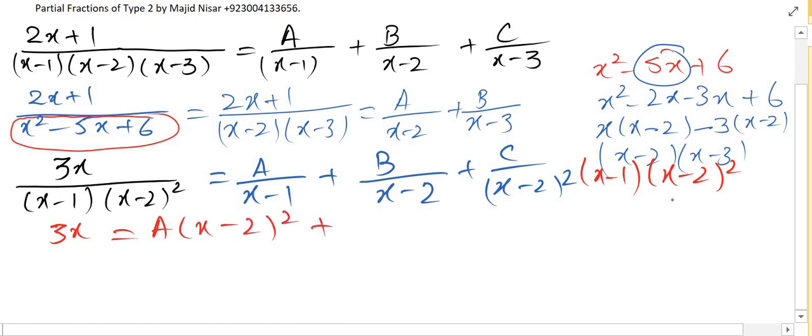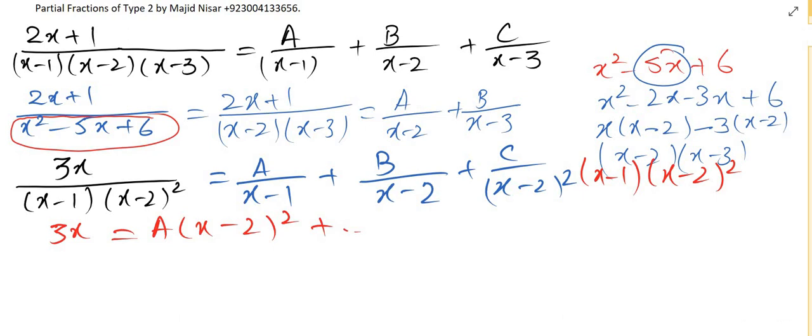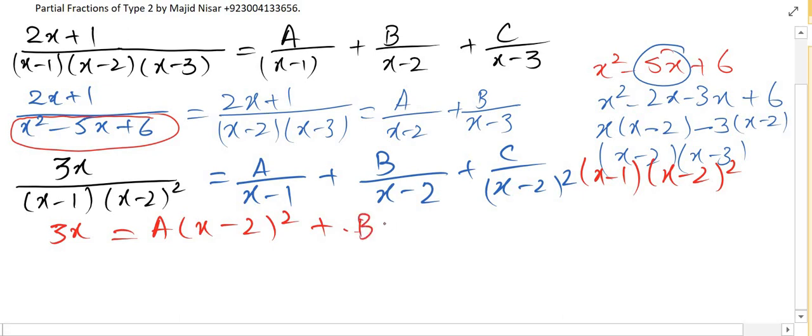Now x minus 2 into x minus 2 square, just x minus 2 will be left, so we will have b times x minus 1 and x minus 2. And when x minus 2 square multiplies with x minus 2 square, it will cancel again, so we will have c times x minus 1. Now we have to solve this equation.